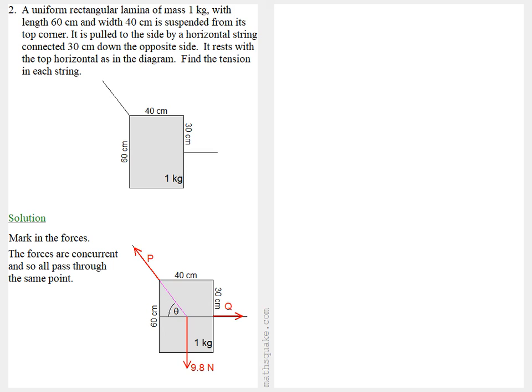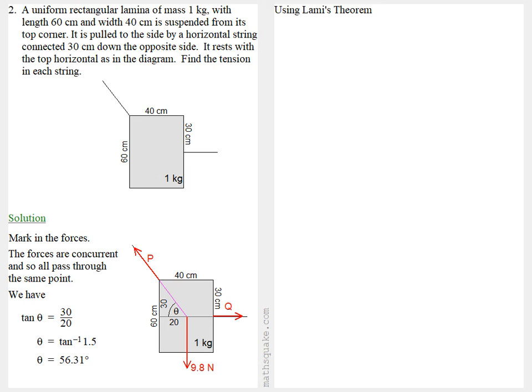If we mark in the angle P makes with the horizontal as theta, we can see that we've got a triangle with sides 20 and 30 centimetres, so the tangent of theta is 30 over 20, which is 1.5, and so theta is the inverse tangent of 1.5, which means theta equals 56.31 degrees.